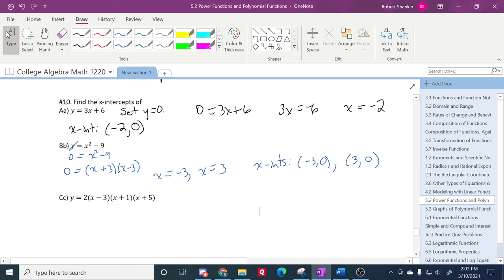Find the x-intercepts of C. I'll give you 30 seconds.